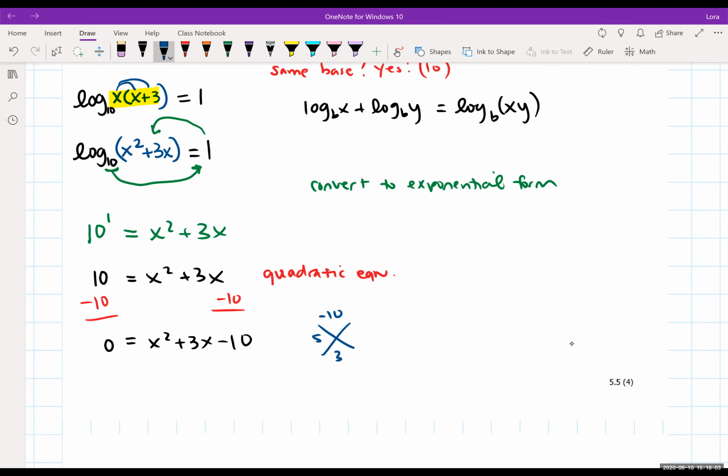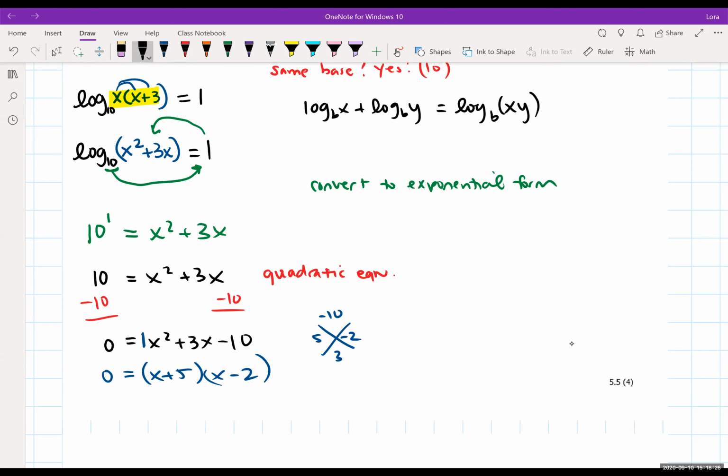5 times 2 is 10. To add up to +3, I think I'd have to have the negative on the 2 part. Very happy to see that the coefficient of the square term is 1. So that means we can put an x in each of the binomials and use the factors as is. So we have that factorization.